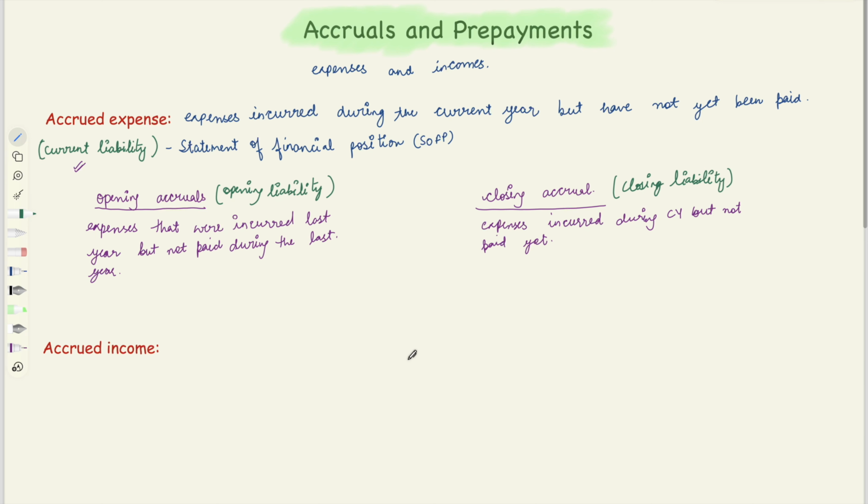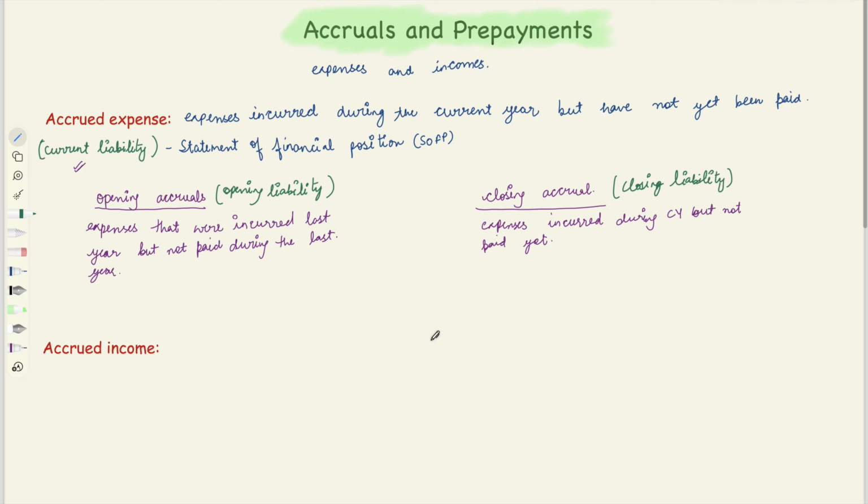This is going to be for everything, opening and closing balances. Opening balances for accrued expenses are a part of last year, closing balances are a part of the current year. Opening accruals are something that should not be included in the balances of expenses taken to the statement of profit or loss, because that is a part of last year.